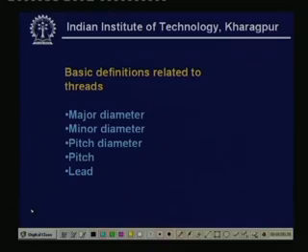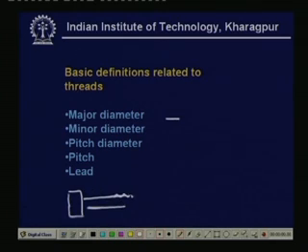First, let me draw one thread profile here. If we have one bolt, and we make a cut along the axis, then we get the cross sections.